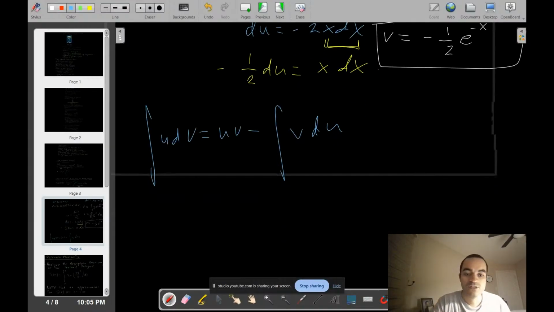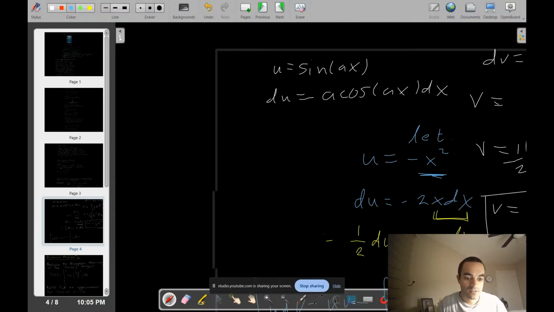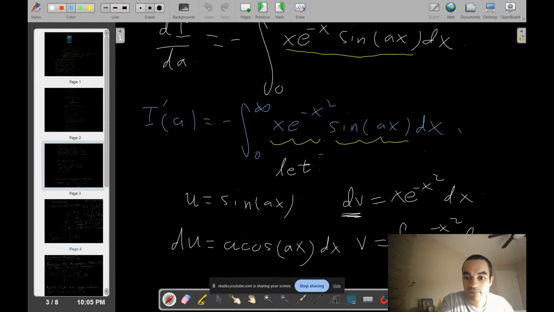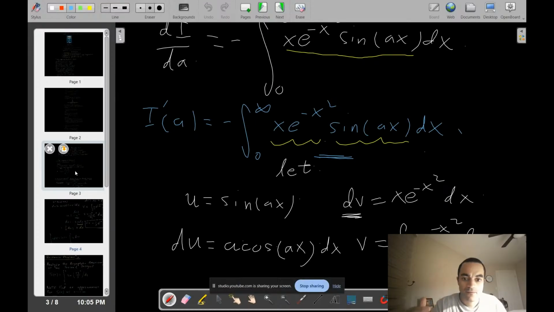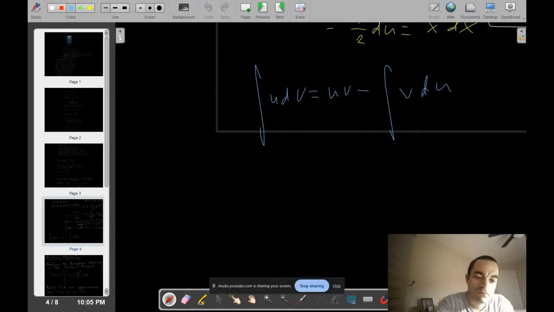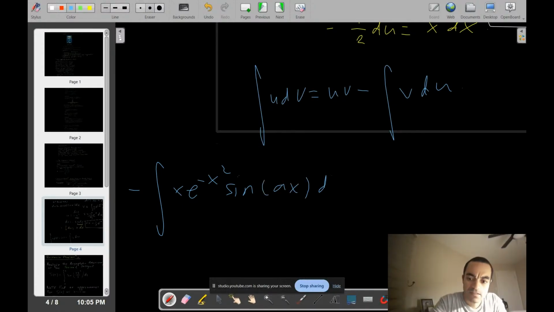Okay, so the initial integral that we were looking to calculate was this guy here. So I'm just going to put that in to remind ourselves. So this is minus the integral of x e to the negative x squared sine of ax dx.